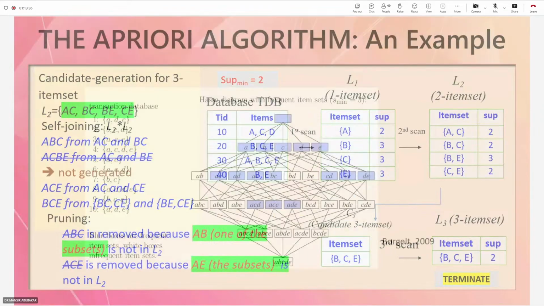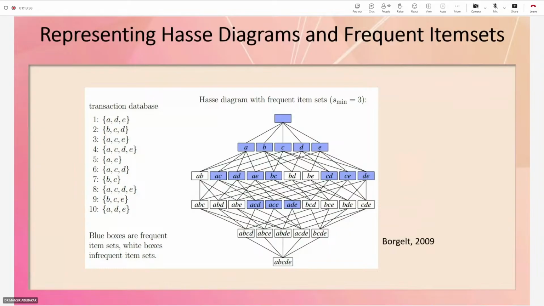And then the frequent item set can also be represented using the HIC diagram. This HIC diagram is proposed by Vogel in 2009. So you can see the HIC diagram with item sets has a minimum support of 3. They use S as the support, which is a minimum of 3.